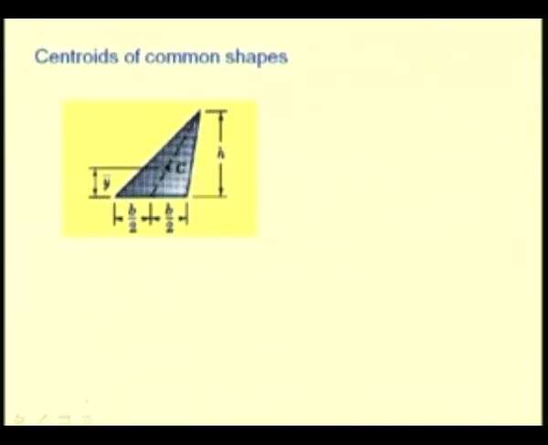For common shapes, we know the locations of centroids, like for this triangular lamina, the centroid lies along the angle bisector and at a distance of h by 3 from the base.